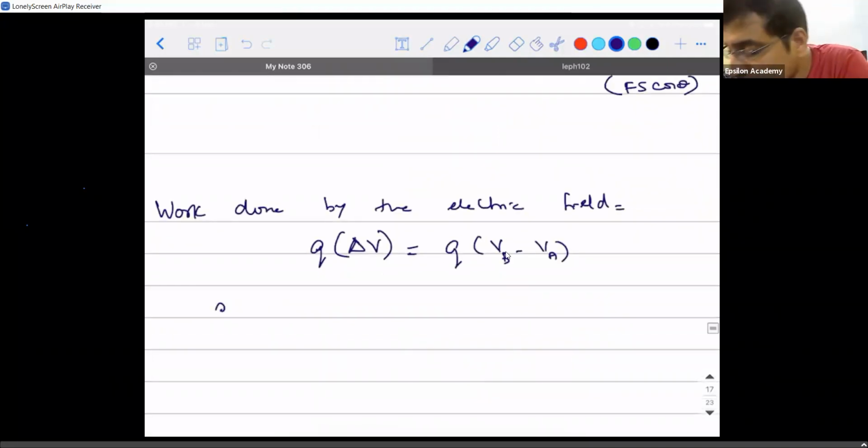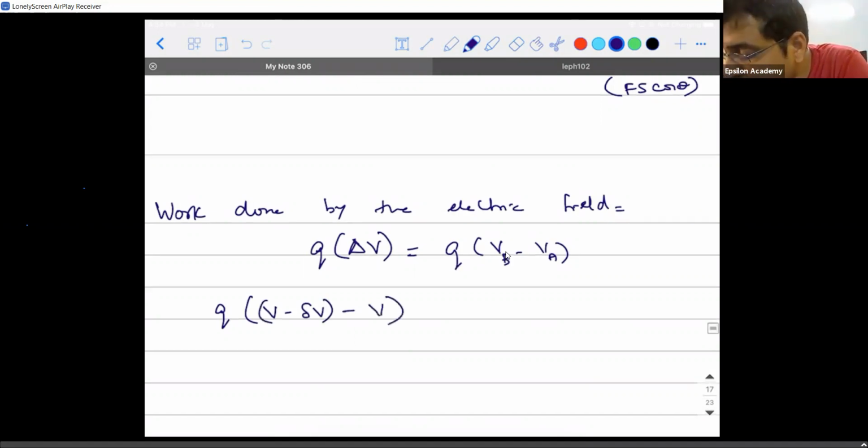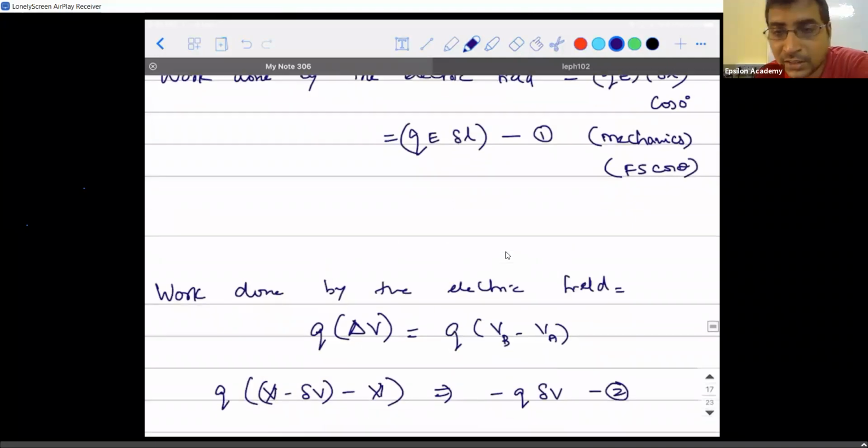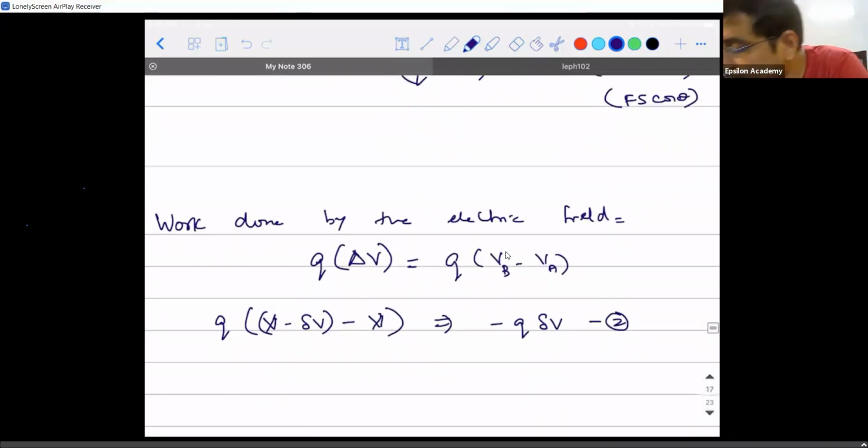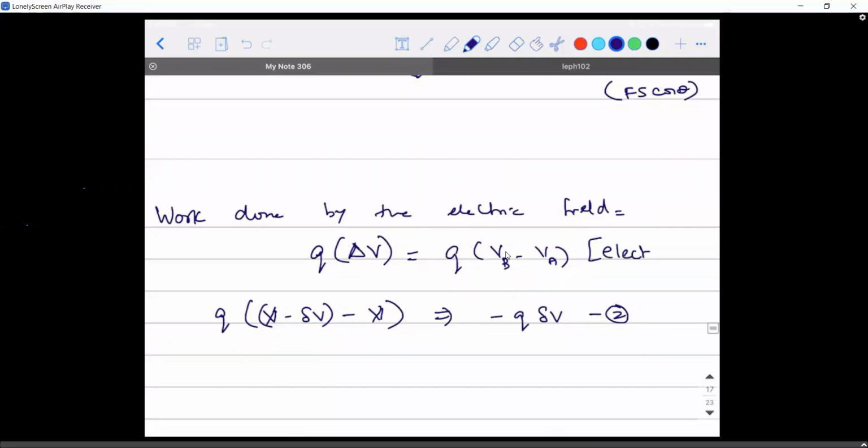Accepted? So Q is Q only. VB is V minus delta V, minus VA, that is V. So V and V will get cancelled, which implies this will be minus Q into delta V. Let this be equation number 2. Guys, are you able to understand this? So this is up to electrostatics.